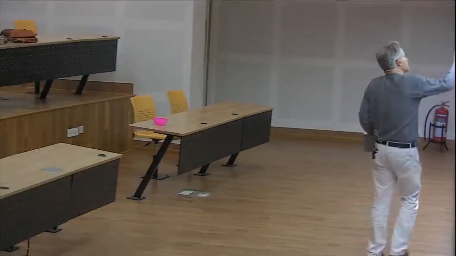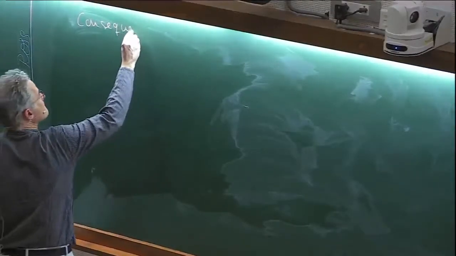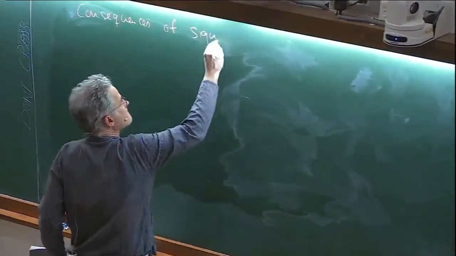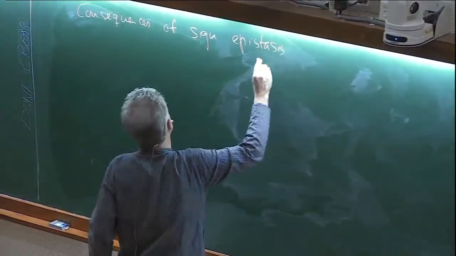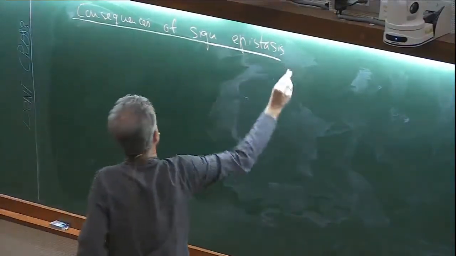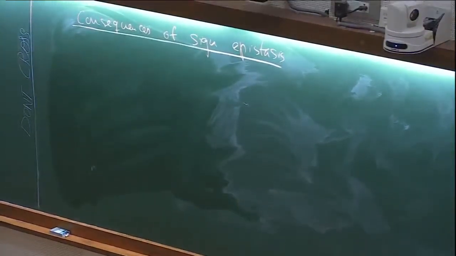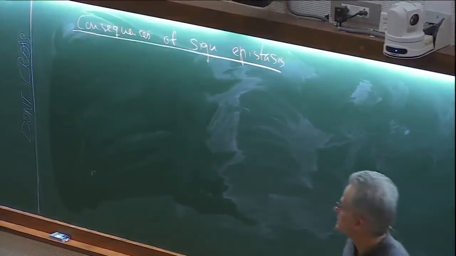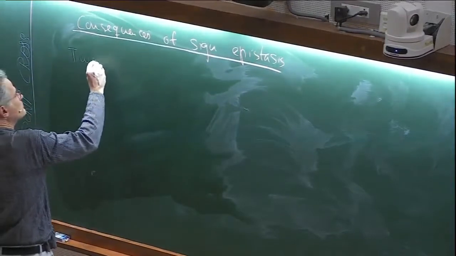So what are the consequences of sign epistasis? To explain that, I first need to introduce two quantities that are related to ruggedness and accessibility, two measures.